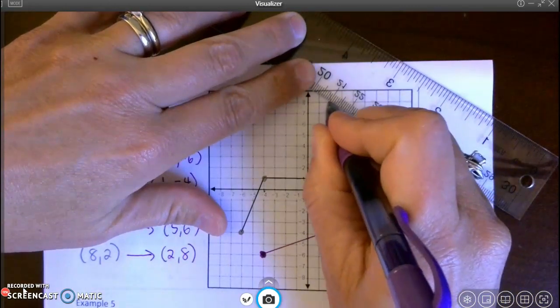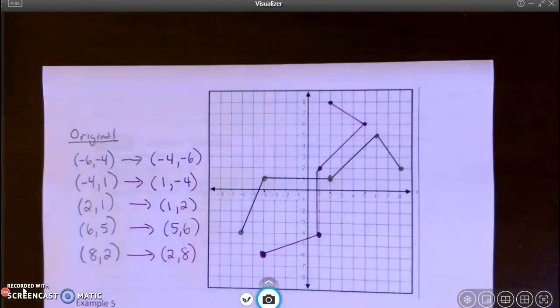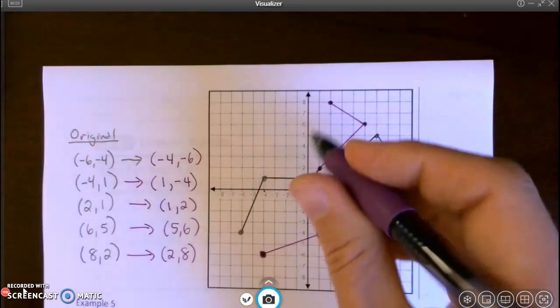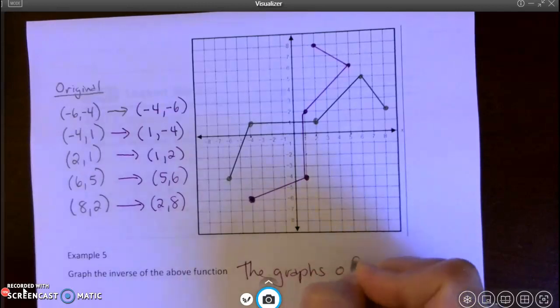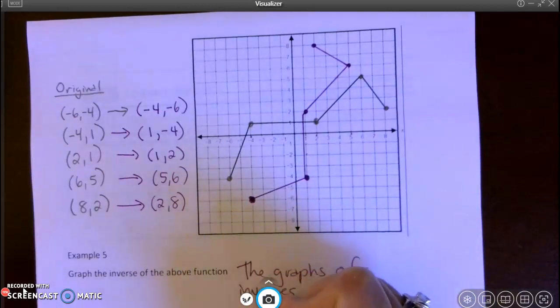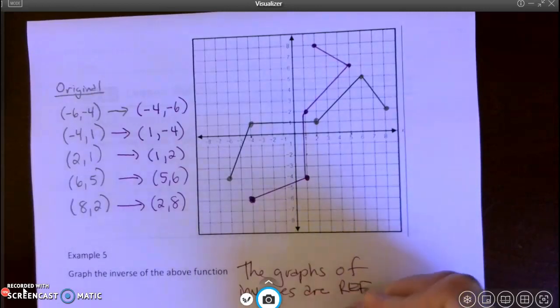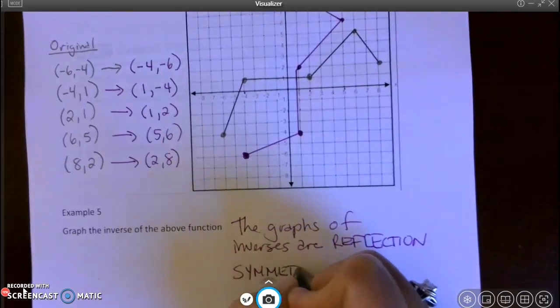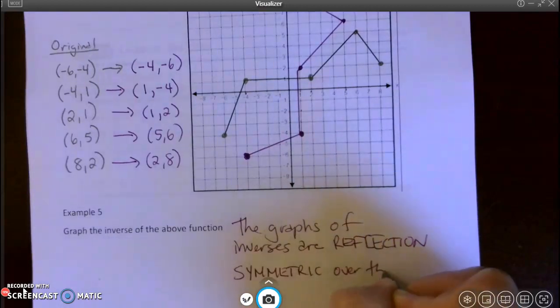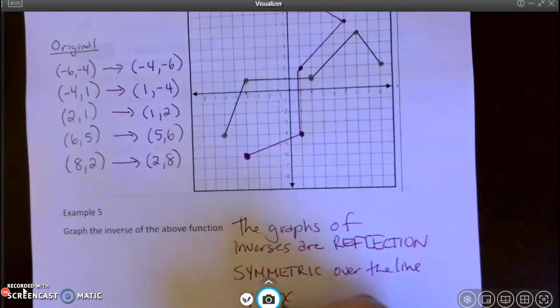Now, one of the things I want you to note that when you're doing this and you are wondering, I wonder if I graphed it correctly, one of the ways you can tell if you graphed your inverse correctly is that the graphs of inverses, and we'll write this down, are reflection symmetric over the line y equals x.